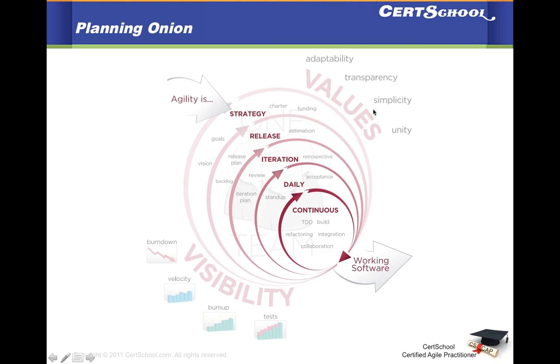And surrounding this, you have the visibility, which can be put in two words as information radiator. We talked about information radiator some time ago. All these burn down, burn up charts, velocity, which we just talked about, they form the visibility aspect of this whole planning onion.